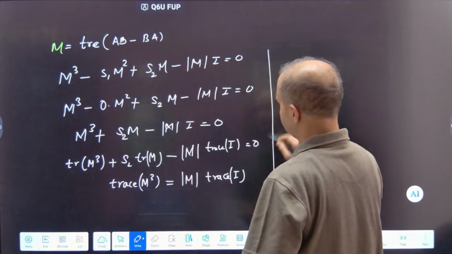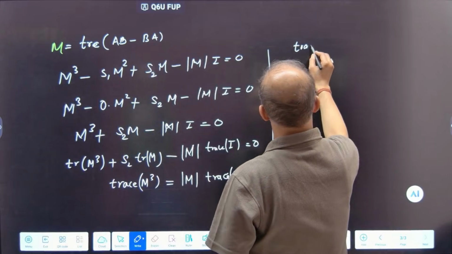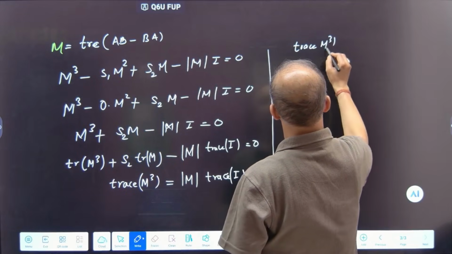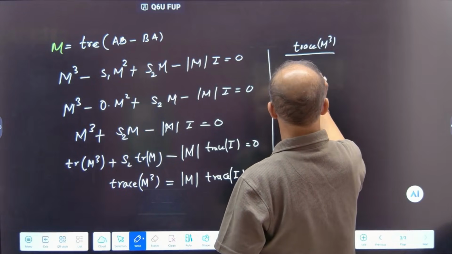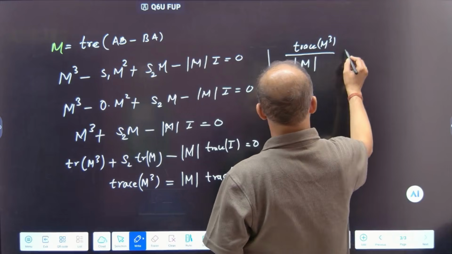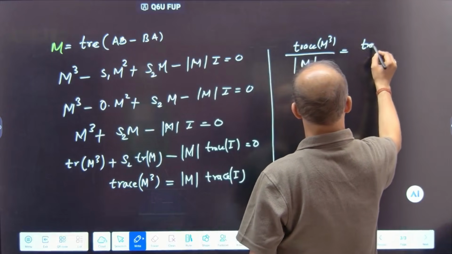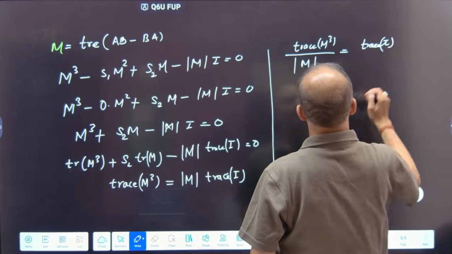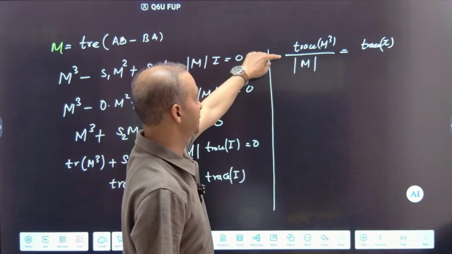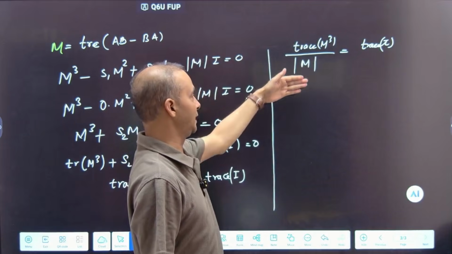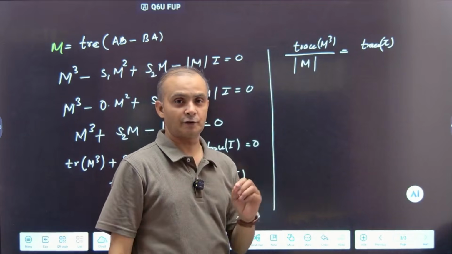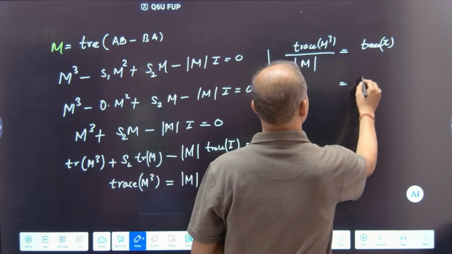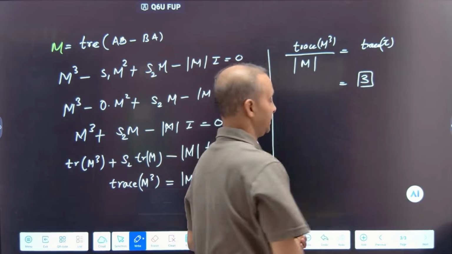So what we got is trace of M cubed by determinant of M is equal to trace of I. And you notice this is the thing we have to find out originally, the trace of M cubed by determinant of M. And trace of I is nothing but 3, so our answer should be 3.